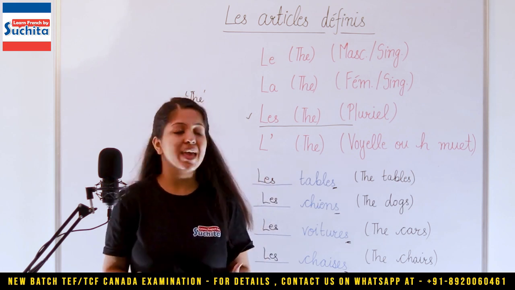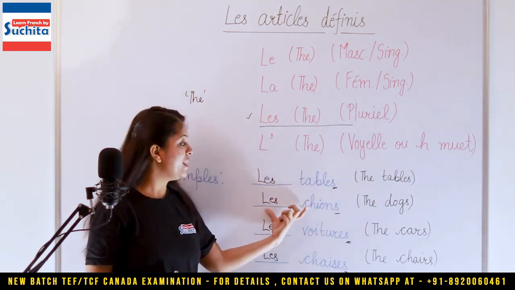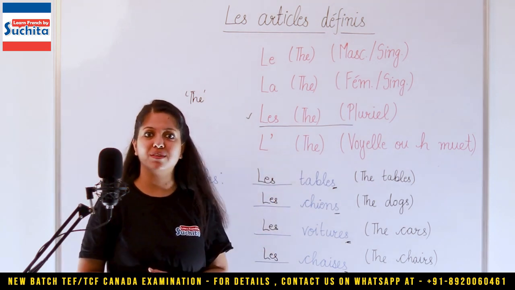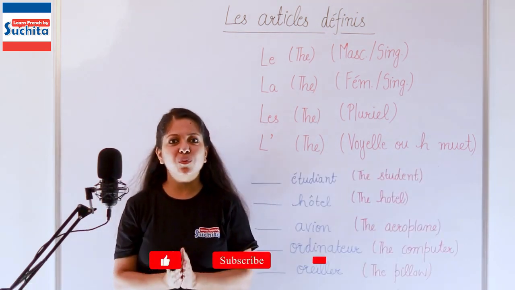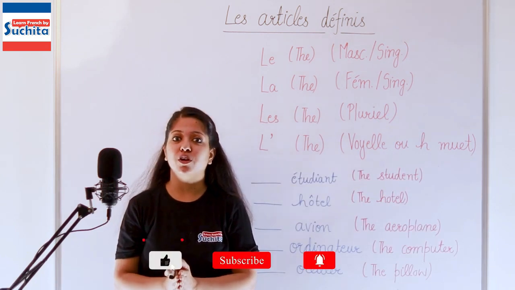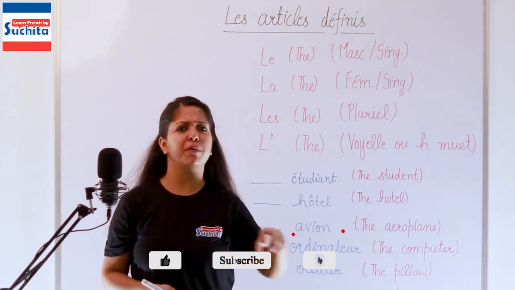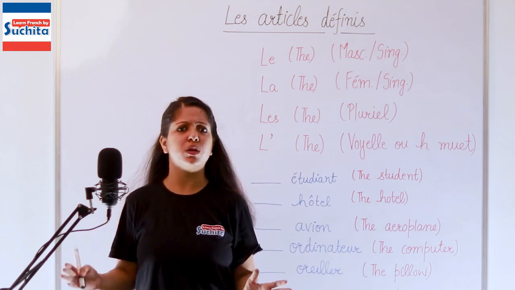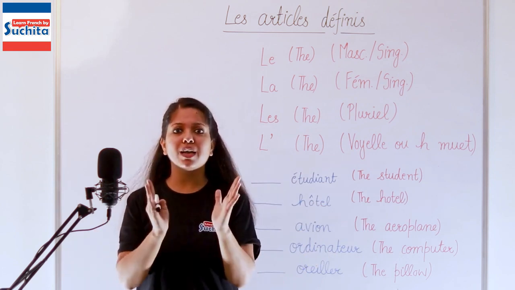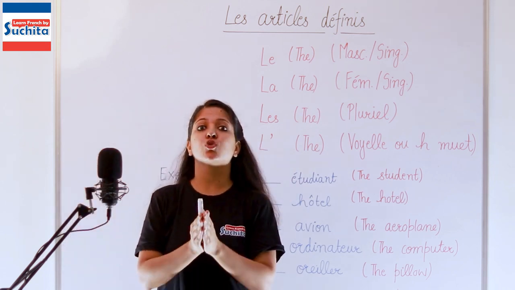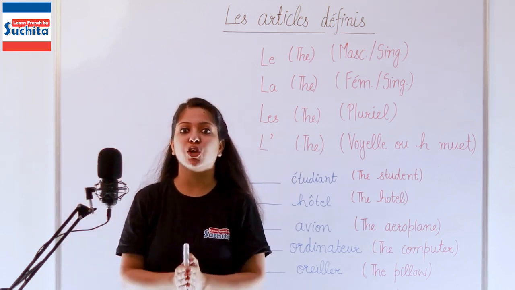So you see, les tables, les chiens, les voitures et les chaises. Now, let's begin with the nouns which are singular. So just now I told you, if the noun is plural, you do not have to care about masculine, feminine, beginning with a vowel. No. Just look at the noun, it is plural, just blindly apply les. Now let's move on to the nouns which are singular.